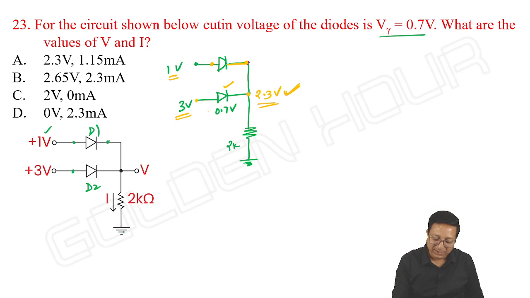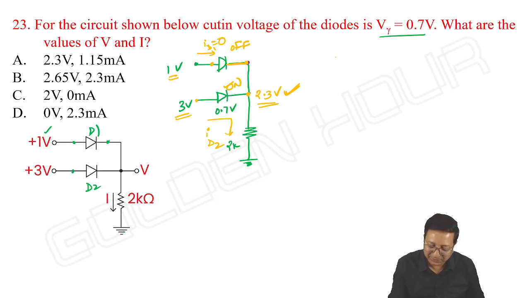ID2 we can calculate, right? But ID1 is anyway 0. So here D1 will be off and D2 will be on, and the entire ID2 flows in this direction, and ID1 will be equal to 0.